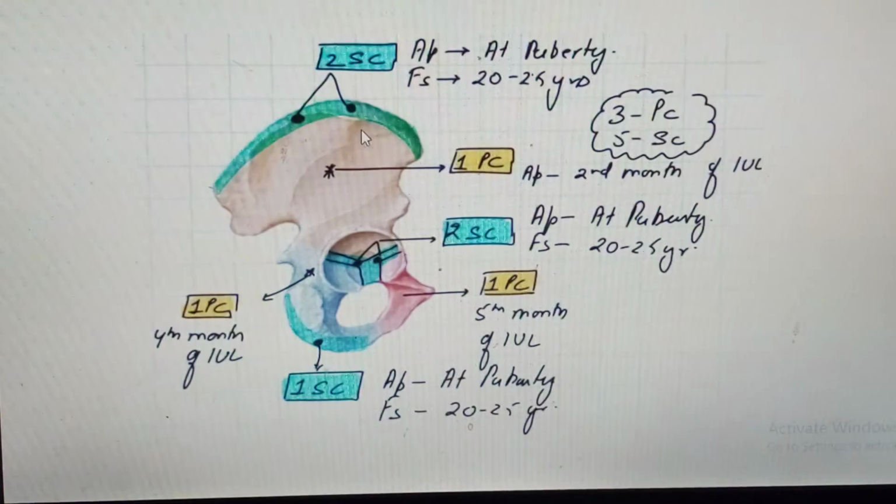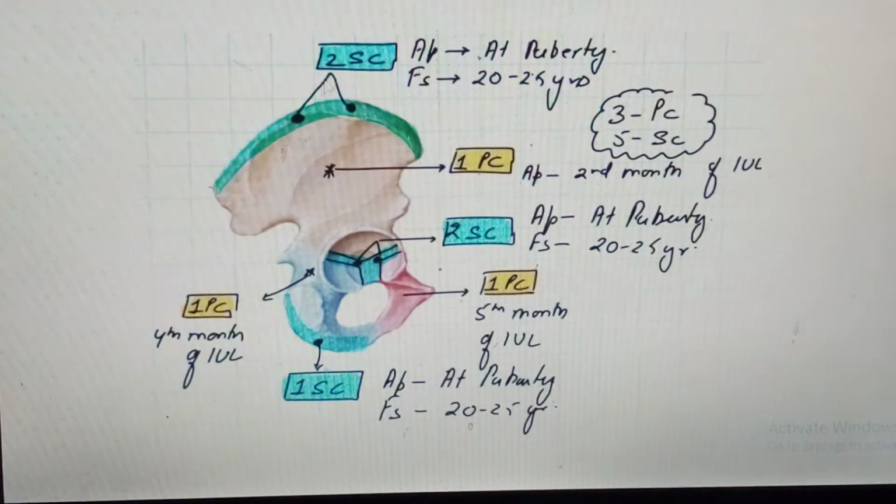Okay, so these are the primary centers. Now, with the exception of the ilium, which will have 2 secondary centers, the remaining ones will have 1 secondary center each. Sorry, let me just show you this.